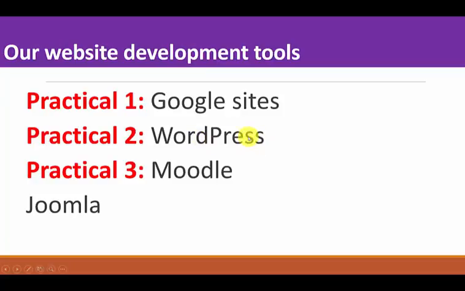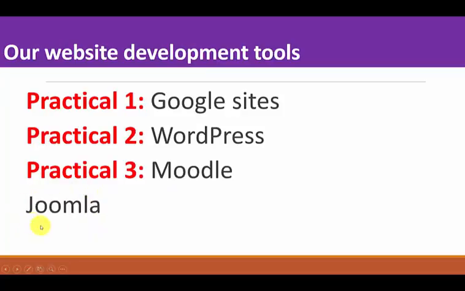It's good for making blogs and websites. And then the third practical will be using Moodle. By the way, I'm using Moodle for our online training program. You also get to develop yourself and be a master of it, so to speak.